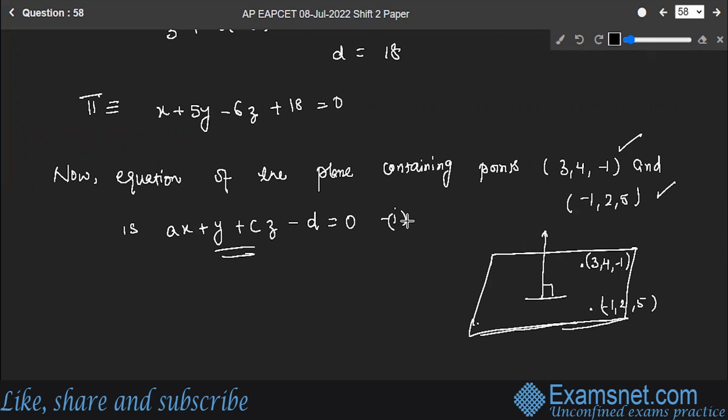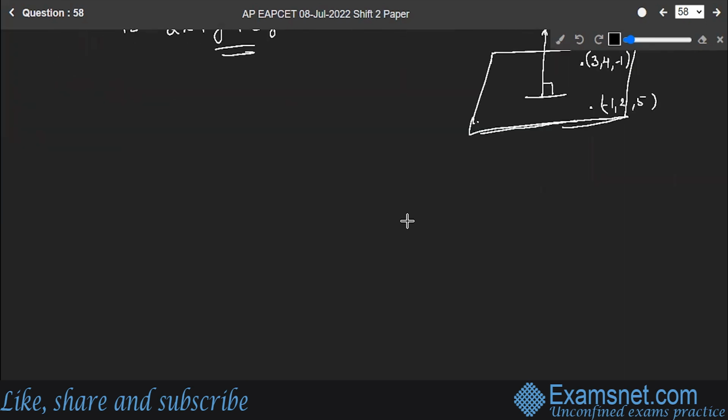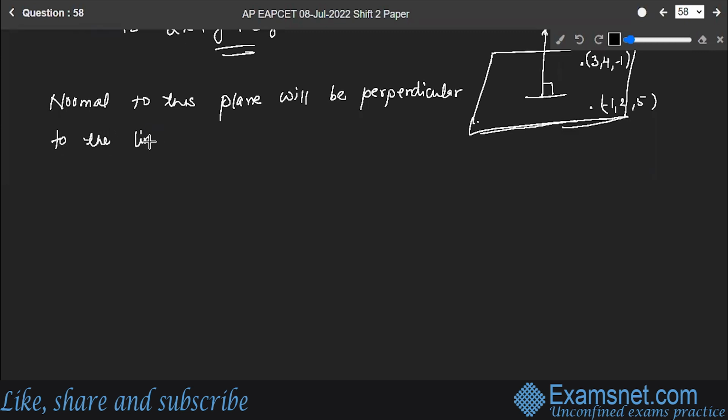Now you are given that there is a normal also to this plane. So the normal to this plane will be perpendicular to the line joining points 3, 4, minus 1 and minus 1, 2, 5.